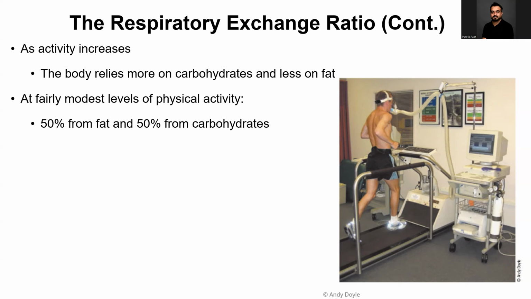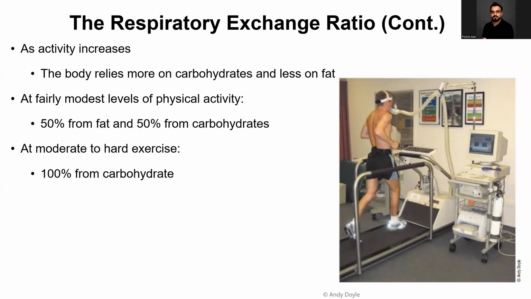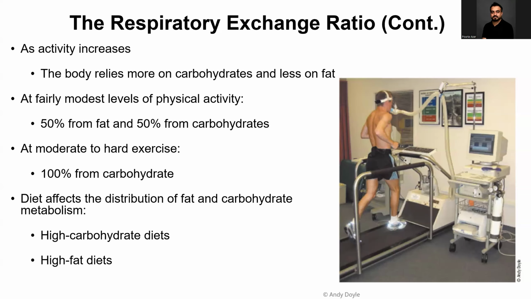But whenever the level of physical activity increases, the body relies more on carbohydrates and less on fat. So RER increases as activity increases. At moderate to high intensity exercise, it's 100% from carbohydrate.